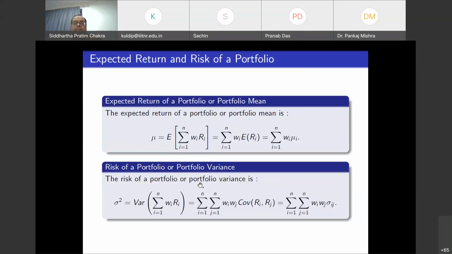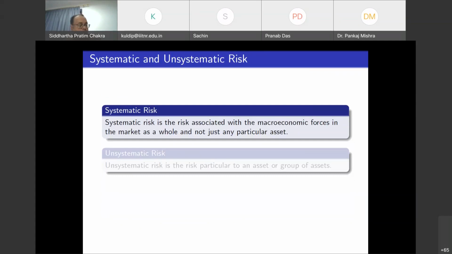Now, once we have precisely put in place what return and risk are, both individually for the assets as well as for a portfolio of assets, I want to briefly deviate a little and talk about systematic and unsystematic risk. Now, what is systematic risk? Systematic risk, as the name suggests, is associated with the system, and the system in this case is the market as a whole.